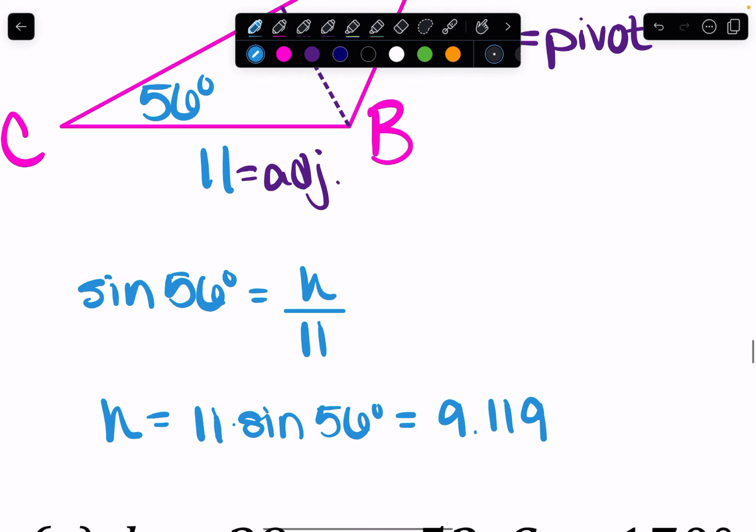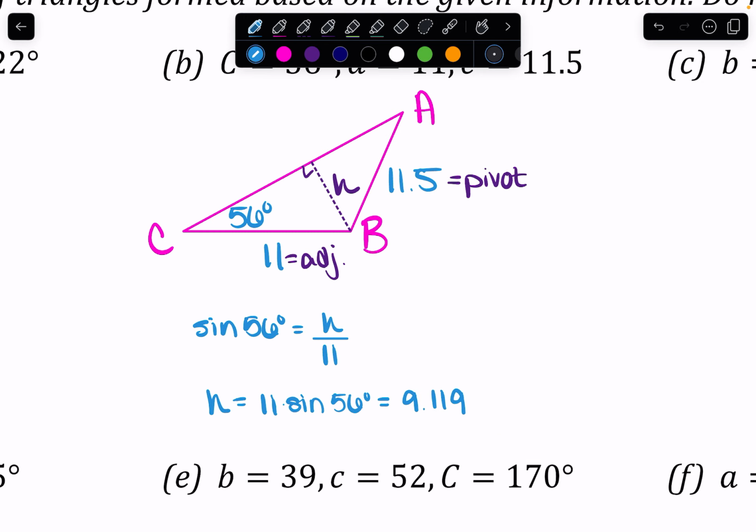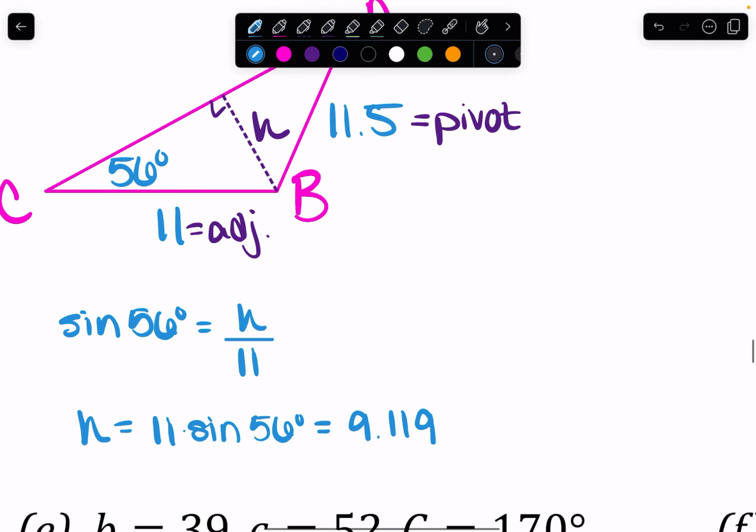So our height, h, let's see, we'll do this over here on the side. If I look at 9.1, h is less than the adjacent leg, and h is less than the pivot leg.